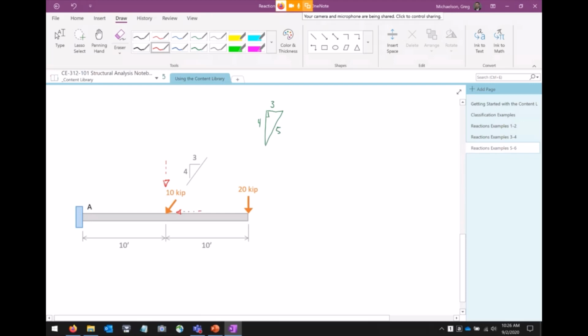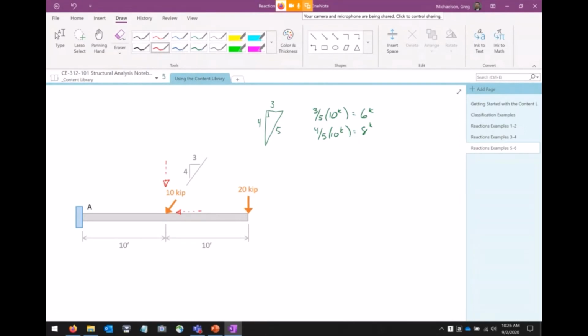I can break that up into its components. So the X and Y components are going to be 3/5 of 10 kips, which is 6, and 4/5 of 10 kips is 8 kips.